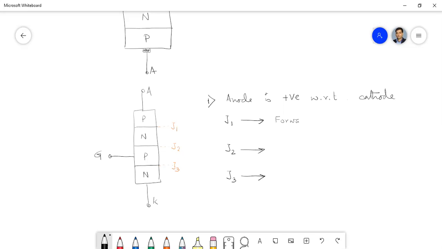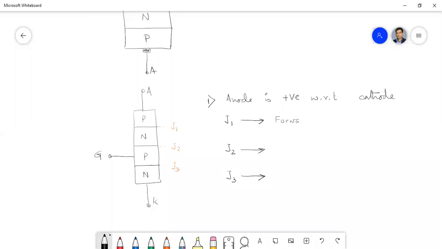But in the J2 junction, N is getting positive and P is getting negative. So that's why it's reverse.